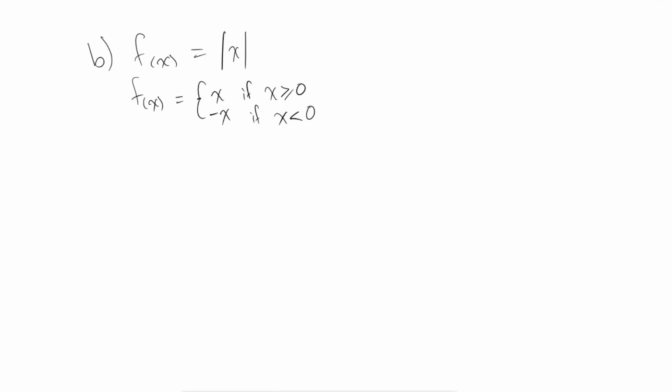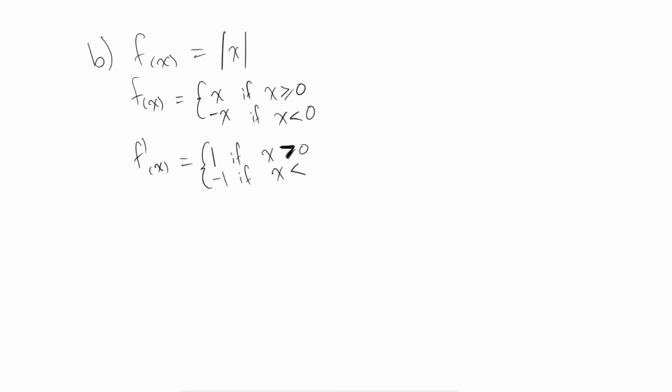Therefore, f prime of x is equal to 1, the derivative of x, if x is greater than 0, and -1 if x is less than 0. Or sorry, not greater than or equal to 0, greater than 0 only, not equal to.